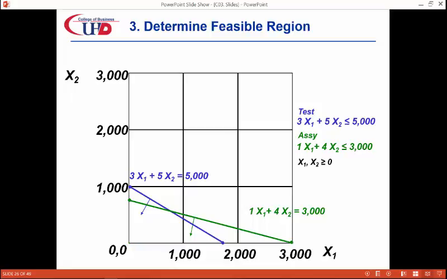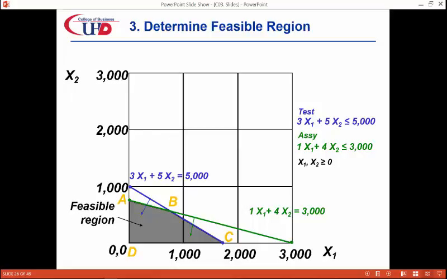At last is the non-negative boundary constraint. So clearly we know the feasible region must be the shaded part shown in the graph. And in this graph, you will see there are 4 corner points.